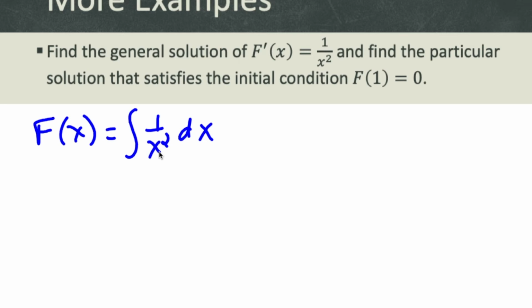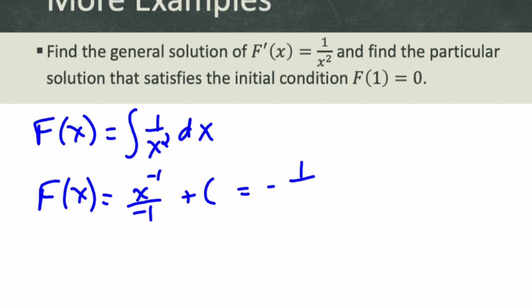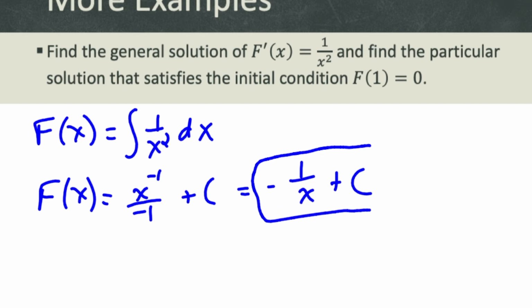That might help some of you to do the integrals of these, but it's not necessary. Especially the more times you do them, you will just get better at them. So this is going to be x to the negative first over negative 1 plus c, which I will then further simplify into negative 1 over x plus c. So that is your general solution. That's the first part there, where it asks for the general solution.